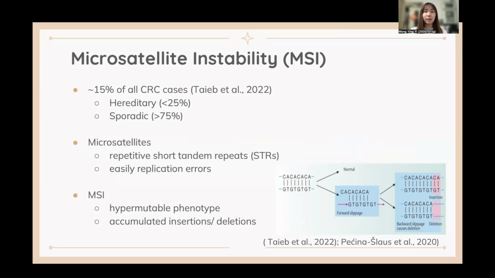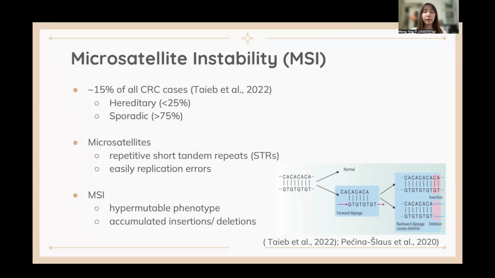Before understanding what MSI is, we have to know what microsatellites are. Microsatellites are repetitive short tandem repeats, so they are highly prone to replication errors due to polymerase slippage.